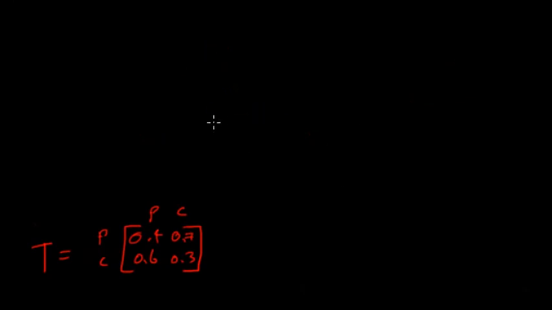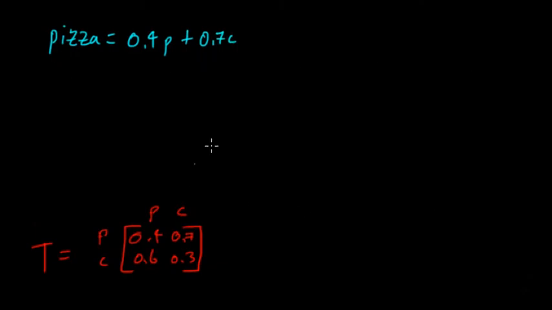Now, if we set up these equations like we've done previously, we'll say that we have pizza here, so the number of students, the probability of pizza, is equal to 0.4p plus 0.7c. And we can get that from the equations we set up before.